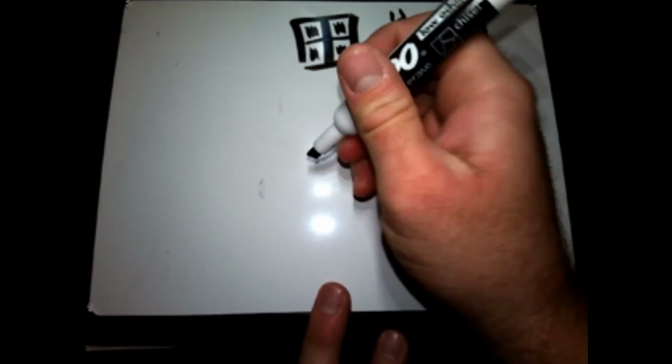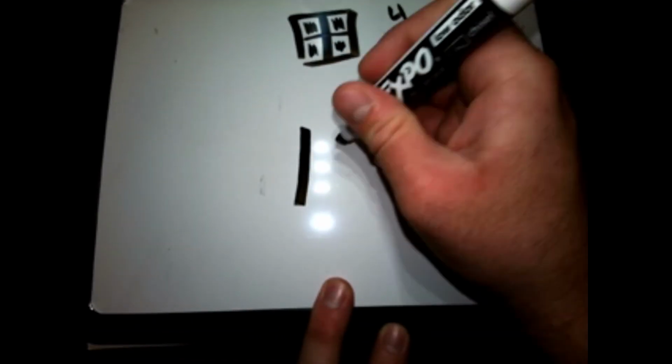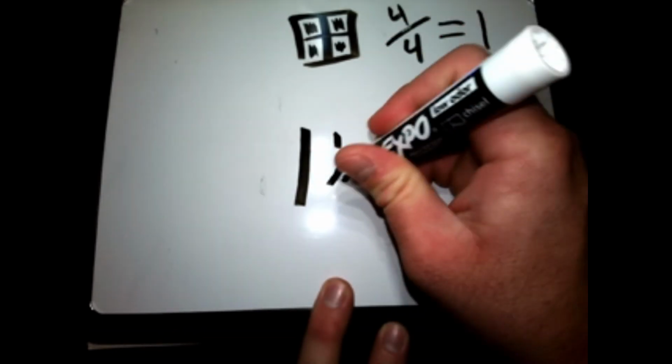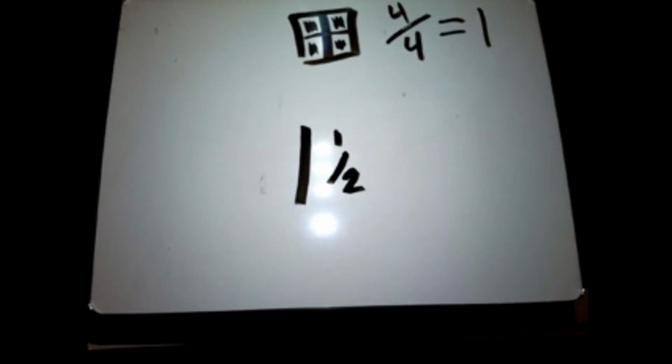Now, fractions can also be put with other numbers, and you might have seen this when we have to do our measuring on our worksheets. For example, if I have the number 1, and next to it it says 1 over 2, this right here is a mixed number.